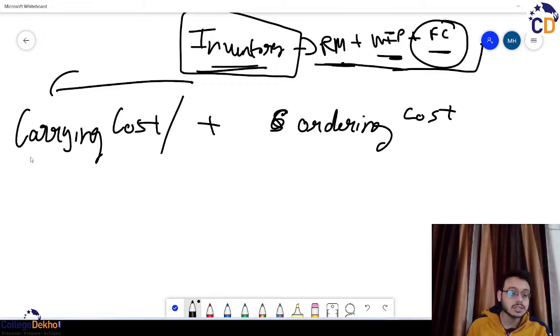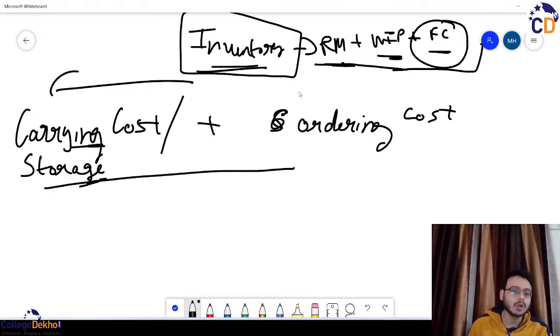The carrying cost is also called your storage cost. It is one and the same thing. So carrying cost, also called your storage cost, plus your ordering cost, and when you add both of these, you get your total inventory cost. So now the task of the inventory manager or the inventory head is to minimize the total cost of inventory.